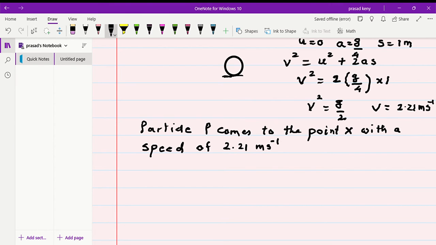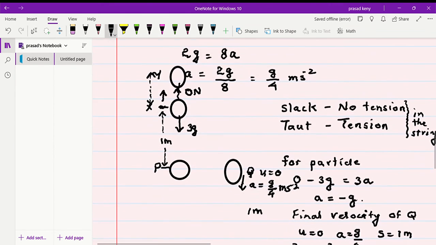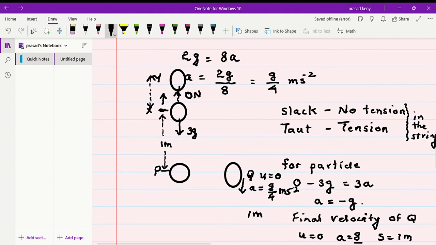That means for the journey from x to y, we can take the initial velocity u as 2.21 meter per second, and then as we had discussed here, after point x, the string is becoming slack, so the particle will decelerate only due to gravity.